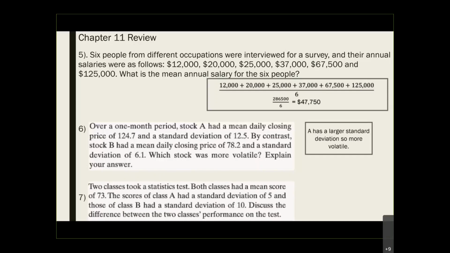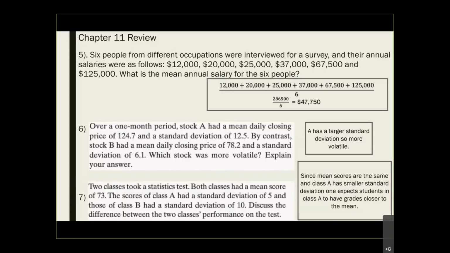Okay. Same thing, looking at this one here: two classes took a statistics test. Both classes have a mean score of 73, right? Class A has a standard deviation of 5, and class B has a standard deviation of 10. Discuss the difference between the two classes' performance. Similar to the previous one, the bigger the standard deviation, the bigger the range of grades.